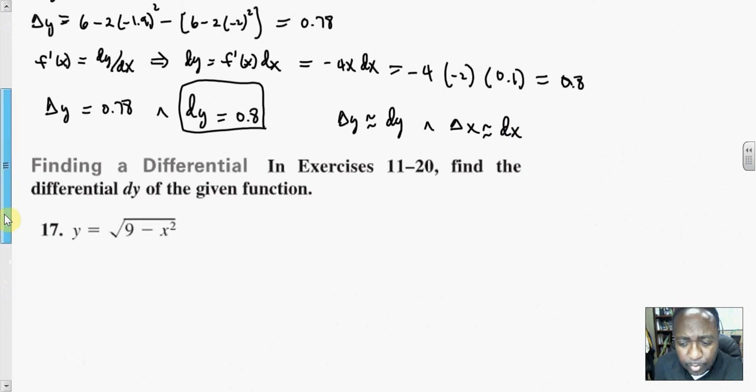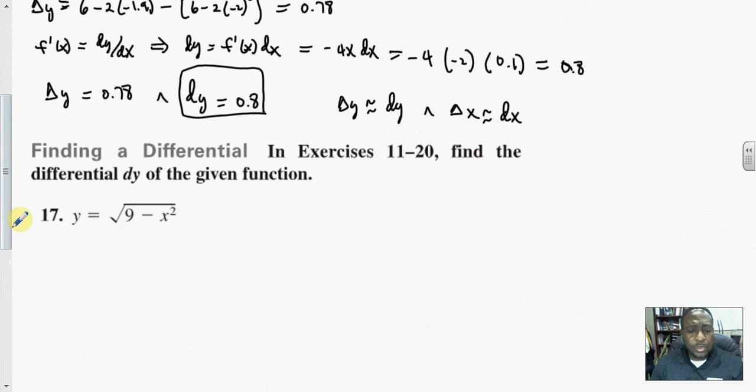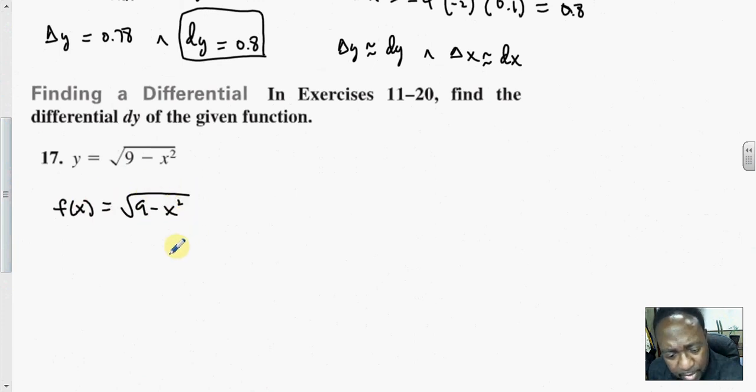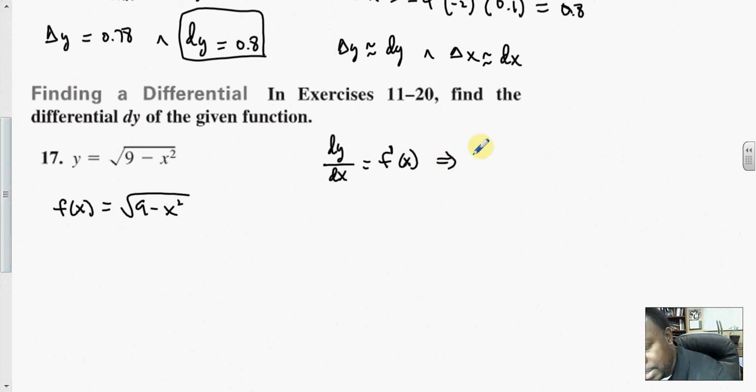Here, find the differential dy for the given function. And so we have f of x is equal to the square root of 9 minus x squared. Now again, dy over dx is f prime of x. So this implies that dy, what you're looking for, is just its derivative times dx.